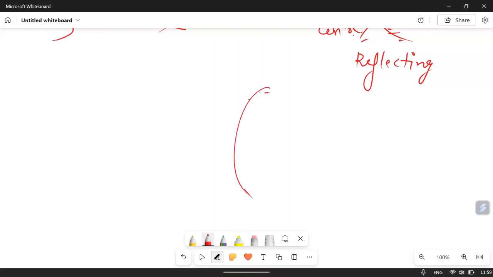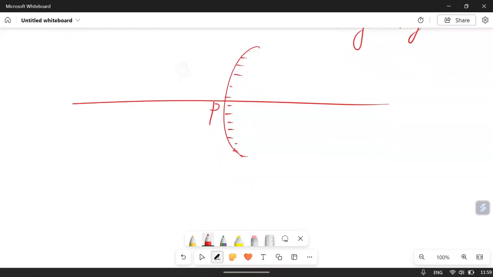Now in any mirror like convex and concave, we have a few things to define. So in any concave mirror or convex mirror, we have few things like pole. This is denoted by P. What is P? Pole. Let me define it.